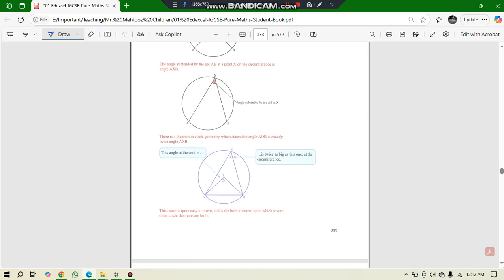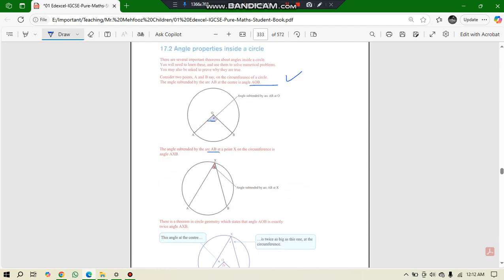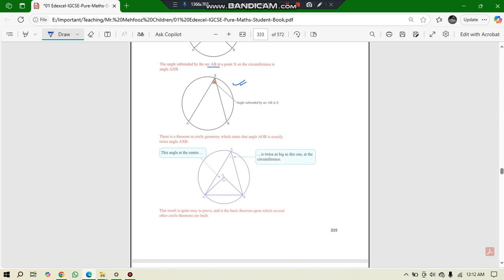Next is the angle subtended by the arc AB. Now this is the arc and the angle subtended by the arc at the point X, that is on the circumference. Here the point O is the center, but in this the point is on the circumference of the circle. So there is a theorem in circle geometry which just relates these two angles, the angle at the center of the circle by the same arc and the angle on the circumference by the same arc.